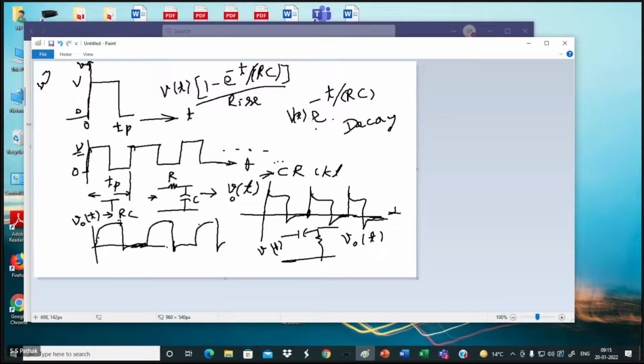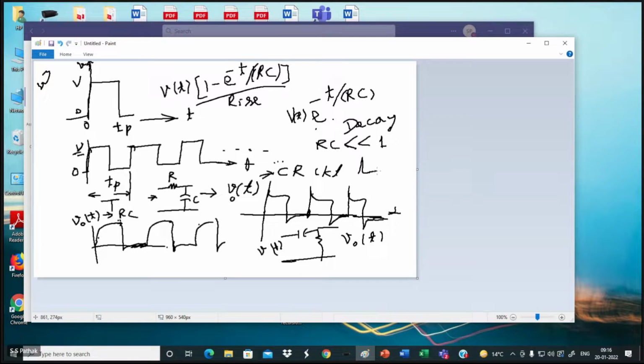Is the point clear? Then I explained that if the RC time constant is very, very small, much less than 1, like some kilo ohms and microfarad that you are taking, the same pulse train goes like this.